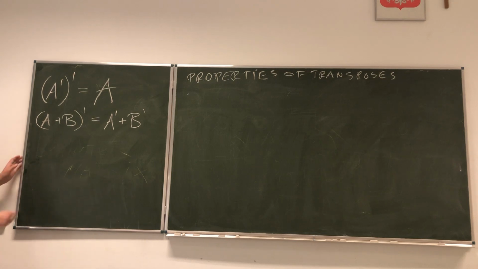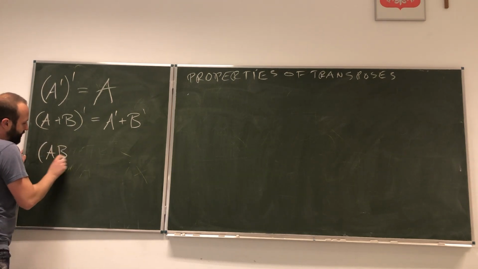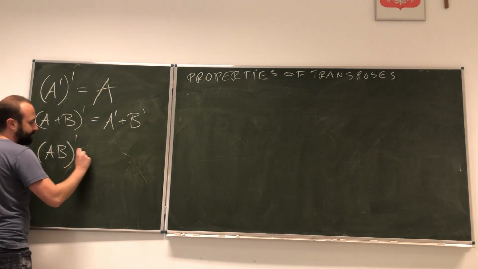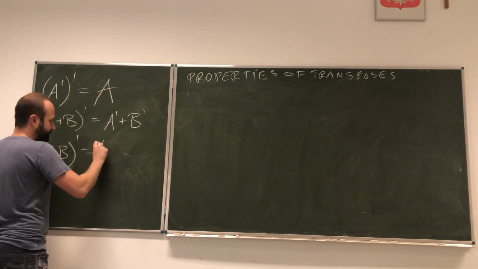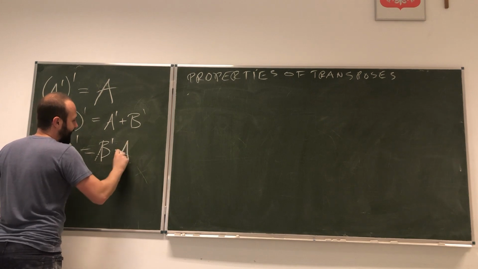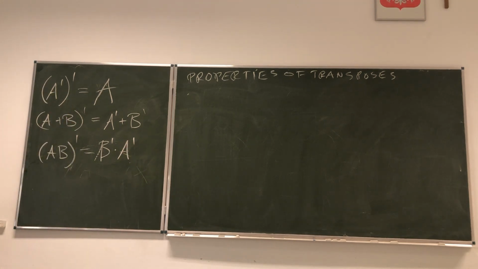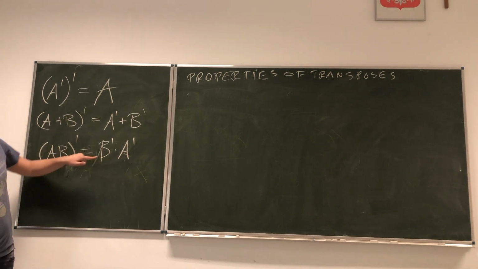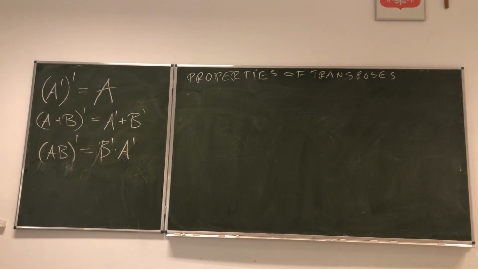Then finally, we've got that the transpose of AB is the same as B transpose times A transpose. Let me explain why we need to change the sides.